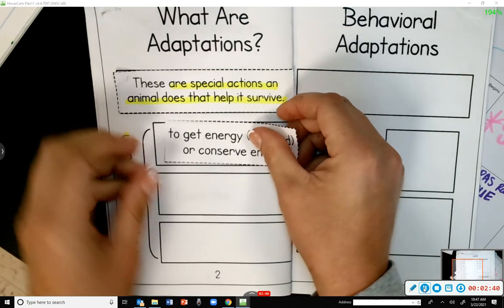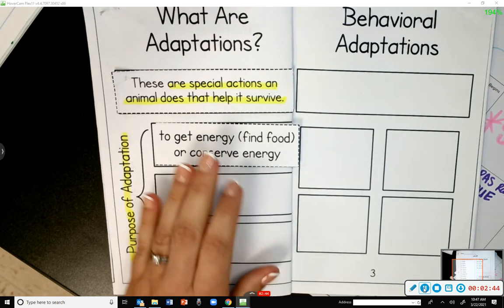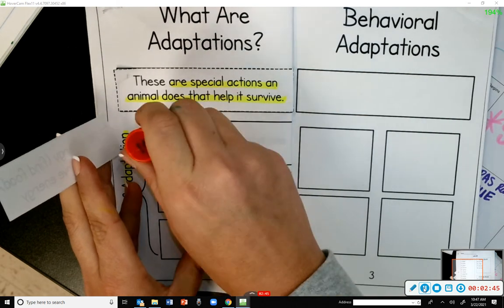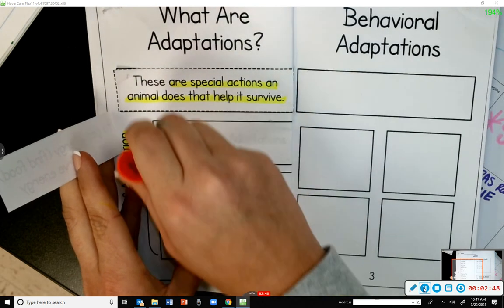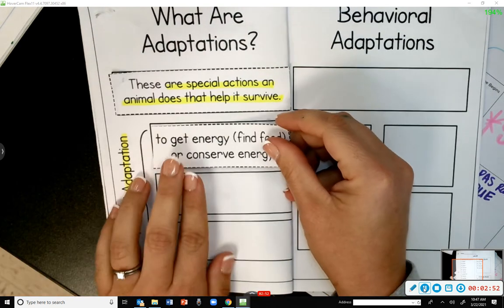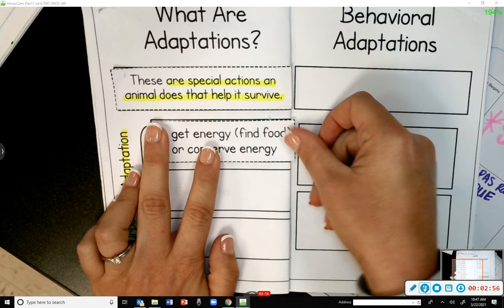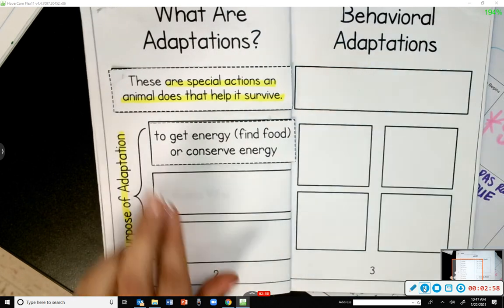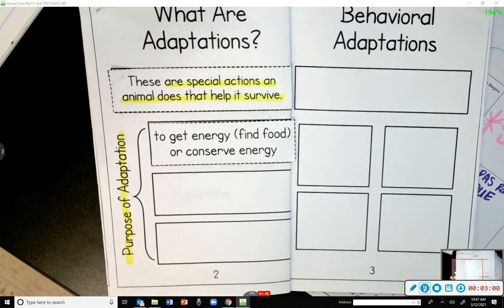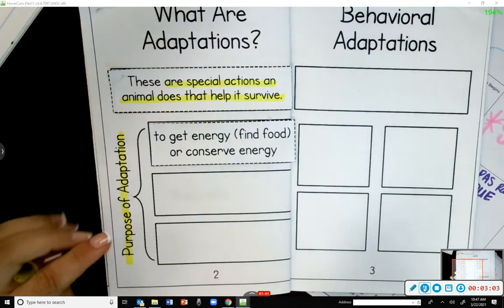So this one needs to go in the top box. Okay? So animals need to adapt in order to get energy, which means food, because food is what gives us energy, right? So whatever I highlight, you are writing in your science notebook, those of you at home.